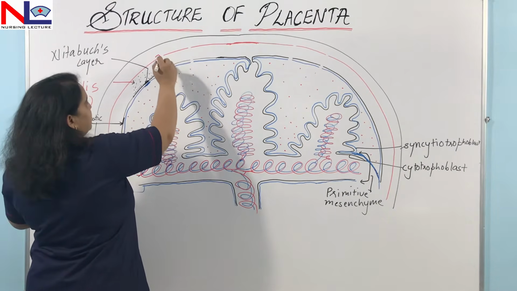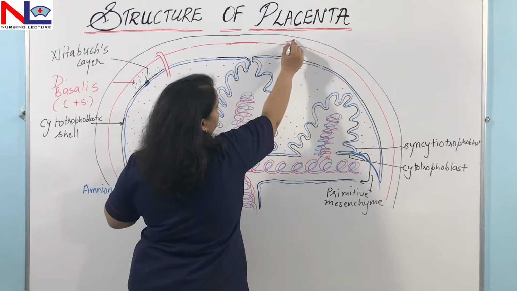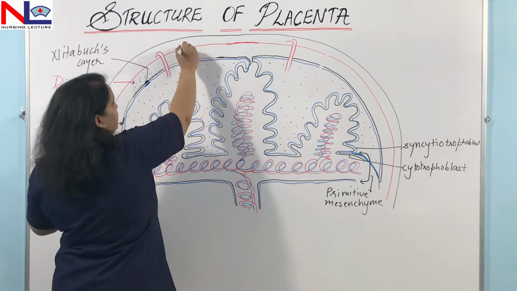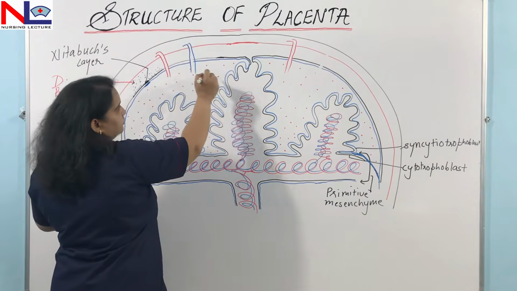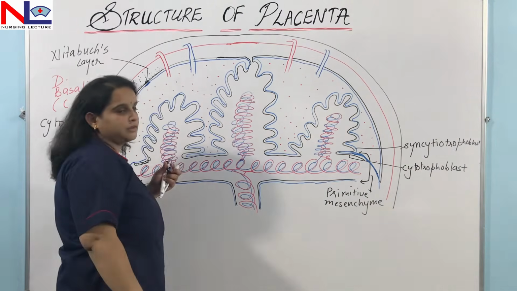The maternal vessels, that is the spiral arteries as well as the spiral veins, drain into these intervillous spaces.